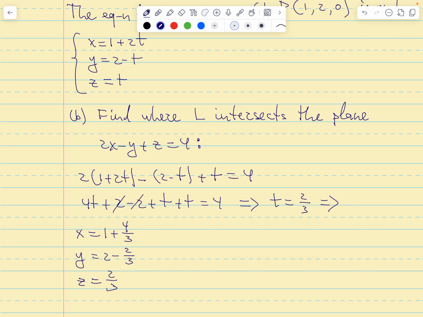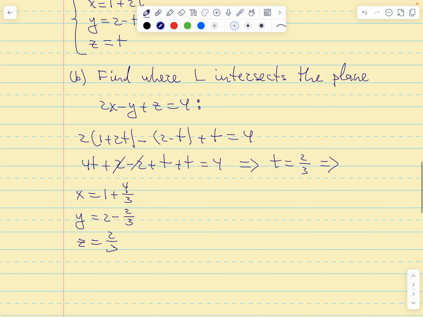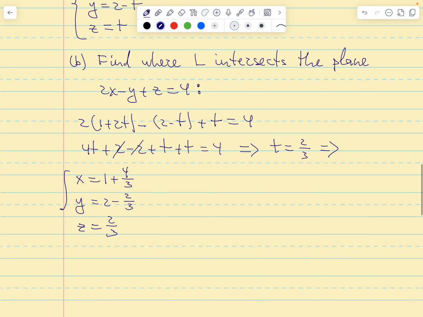And so the point of the intersection, which I think I called R, so R will have coordinates 7/3, then 2 minus 2/3, 4/3, and 2/3.